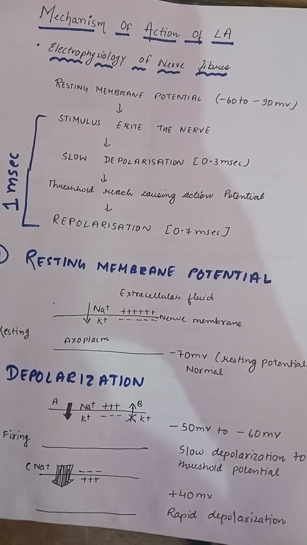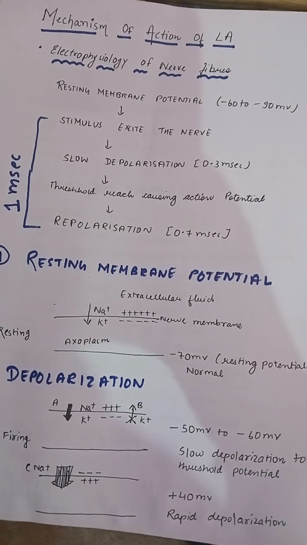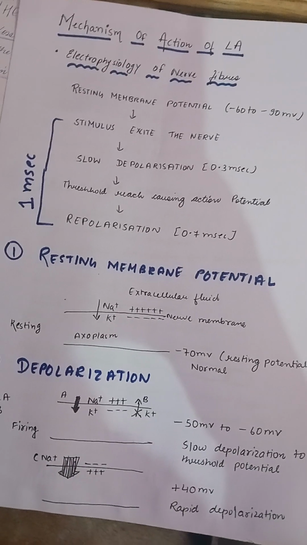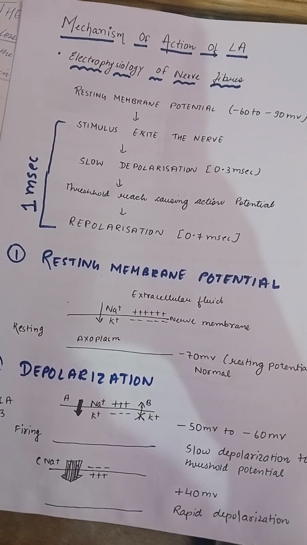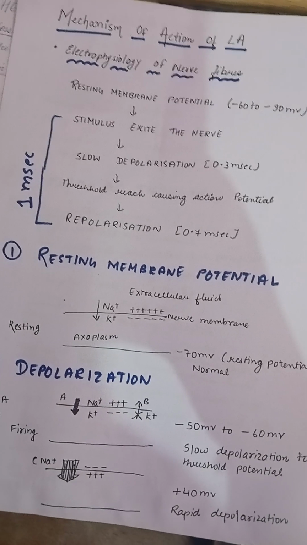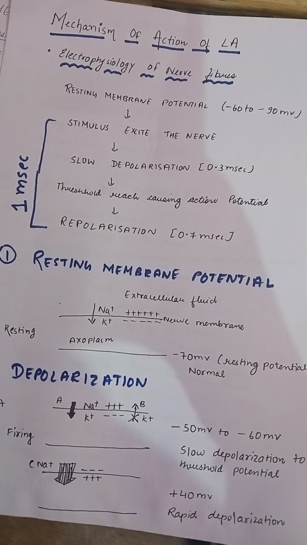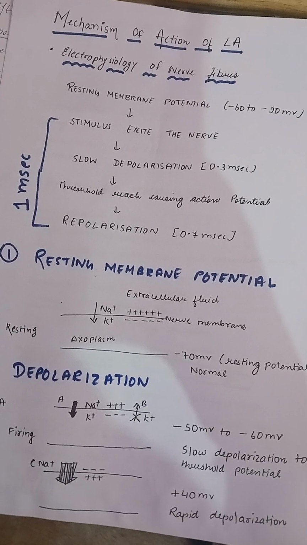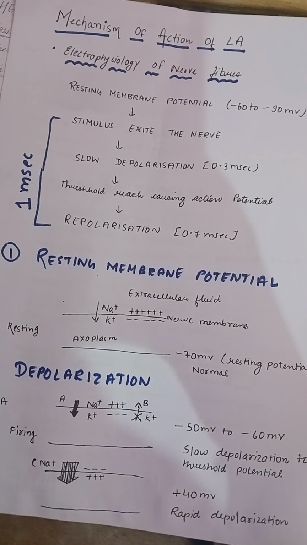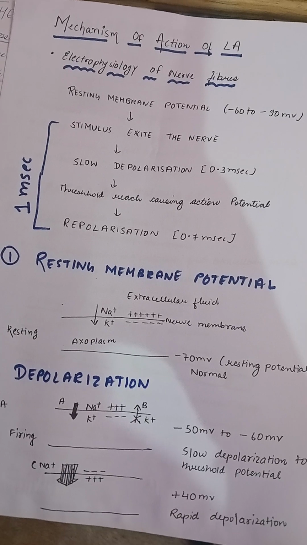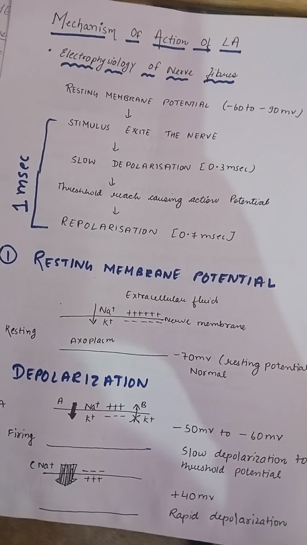Then a stimulus excites the nerve. What is the stimulus? Stimulus is LA. Then there comes a phase of slow depolarization, which is 0.3 millisecond. After slow depolarization, there is a threshold. When it is reached, it causes an action potential to generate.